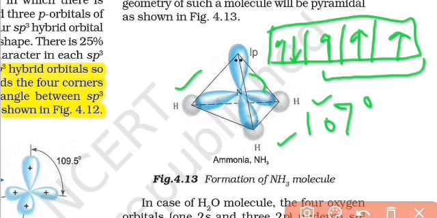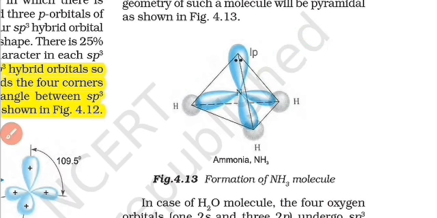Now valence bond theory could not explain why in ammonia the bond angle is 107 degree and why in methane it is 109.5 degree, although both molecules have same type of hybridization at their central atom.